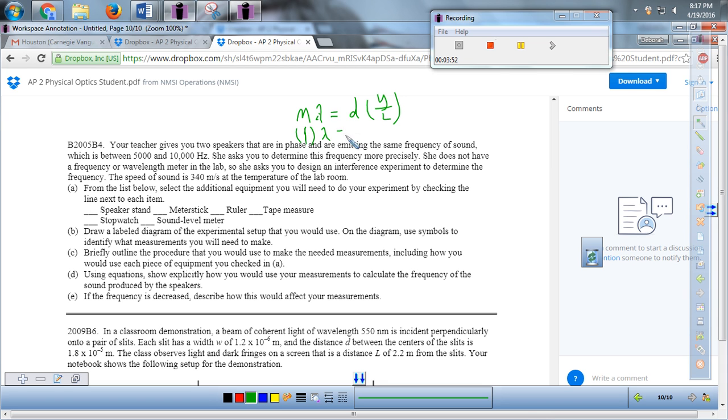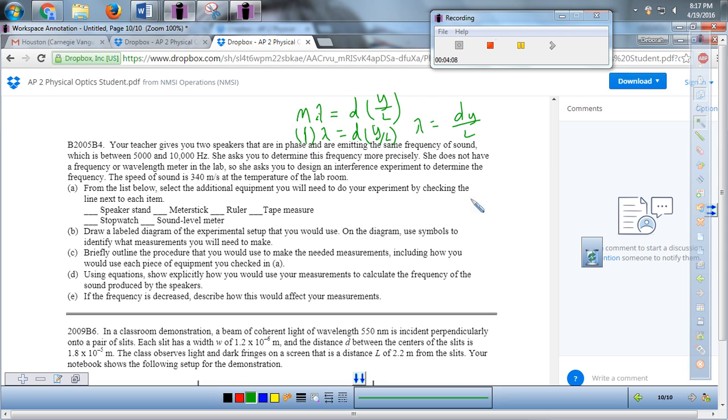I don't know the wavelength. I would know the D because I would have measured that. And I would get the Y and the L from my measurements. So my wavelength would be D Y over L, but they want, I believe, the frequency, right?